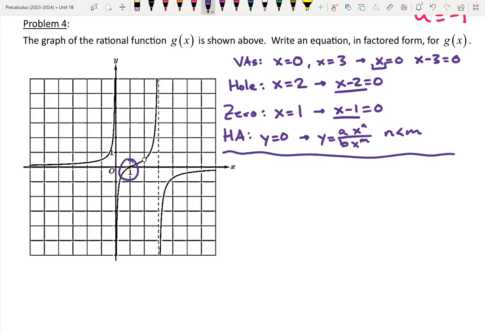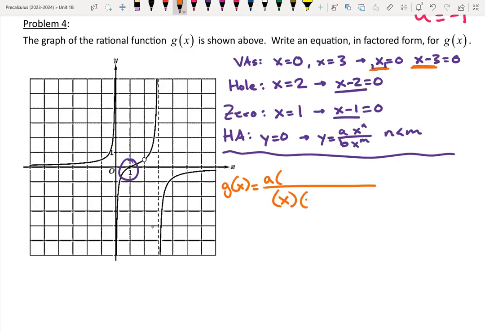All right, so let's build an equation here. We have f of x, or actually we're using g of x this time. So g of x is equal, and again we're going to have that a to begin with. We're going to have our factors. So let's put in those factors. We have two of them, x and x minus 3.